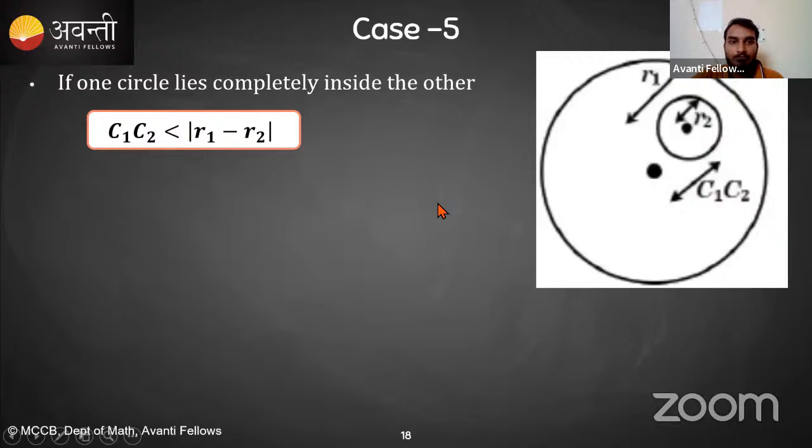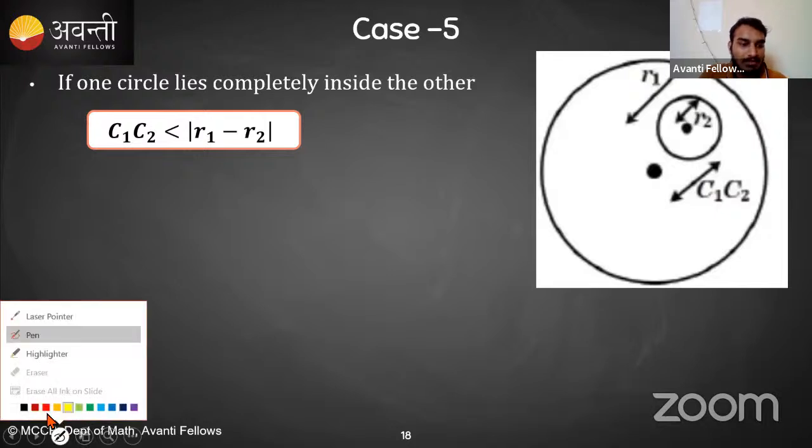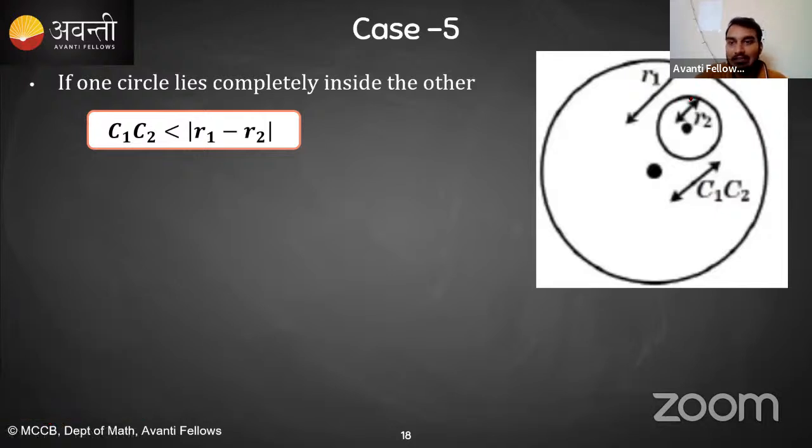Case 5 is if one circle is completely lying inside the second circle. So how will it be possible? If C1C2 is strictly less than R1 minus R2, meaning the distance between their centers should be less than the difference of their radii.